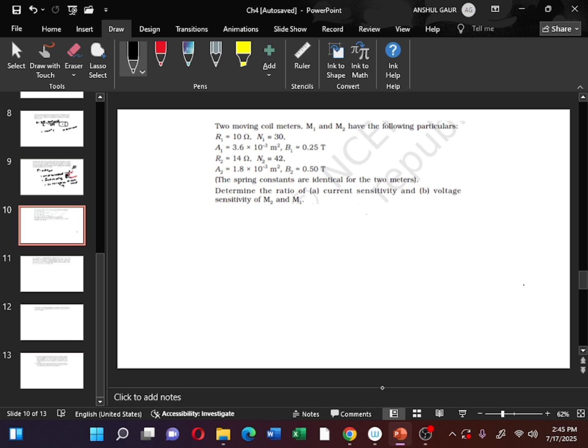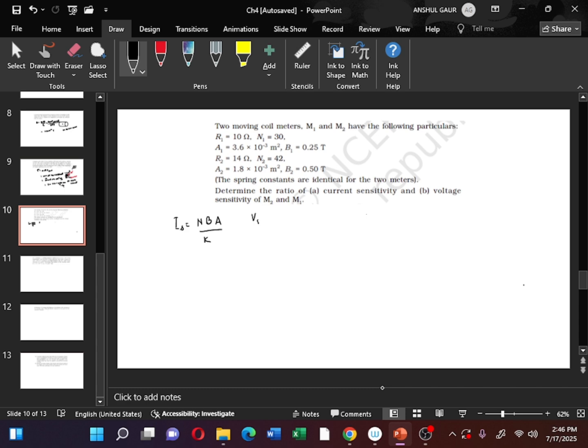So in this particular problem we have to find out the ratio of the current sensitivity as well as the voltage sensitivity. First of all, the formula for the current sensitivity is given by Is is equal to NBA upon K, where Is is the current sensitivity, N is the number of turns, B is the magnetic field, A is the area of the coils, K is the spring constant.